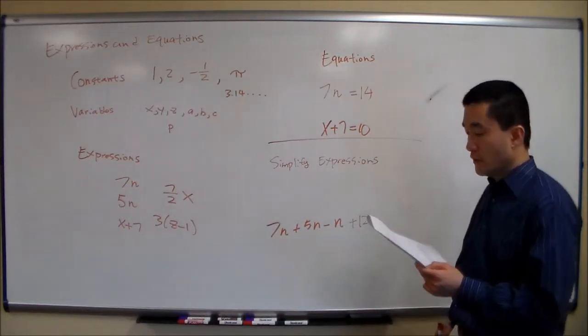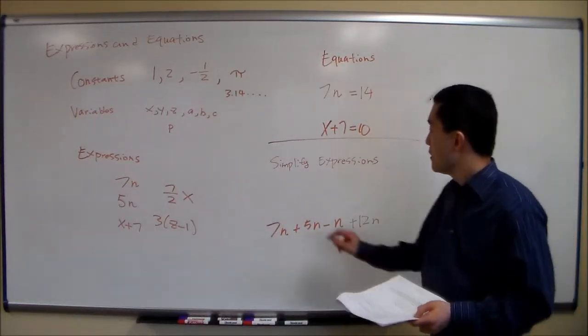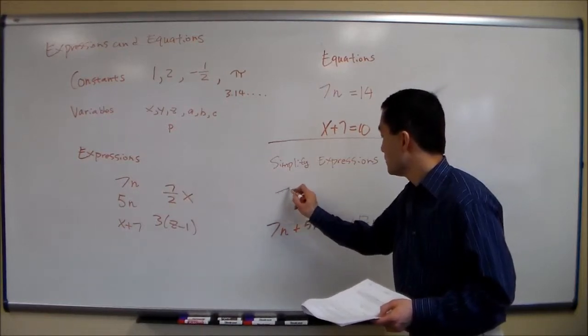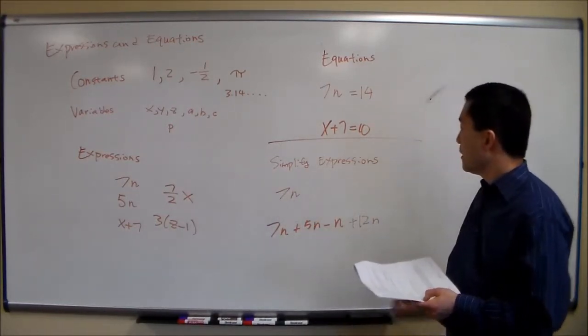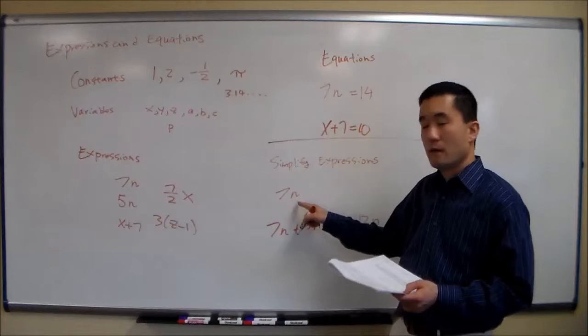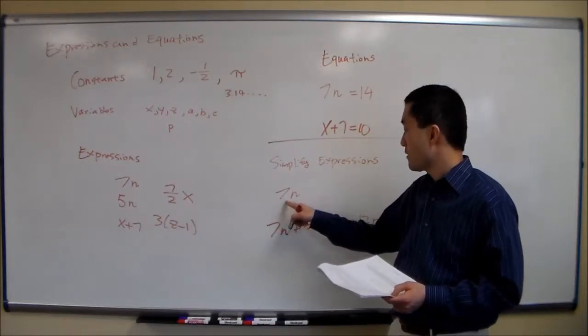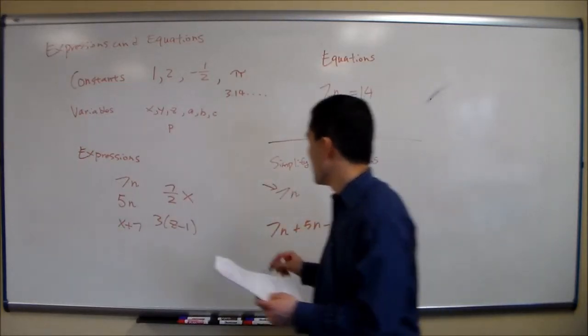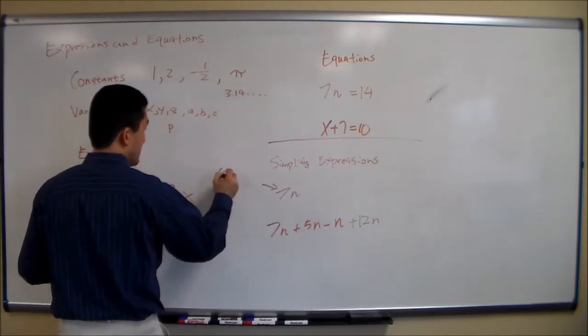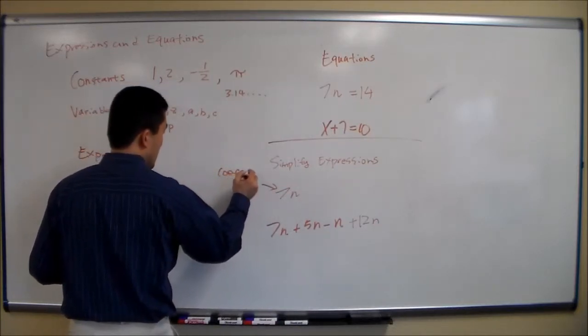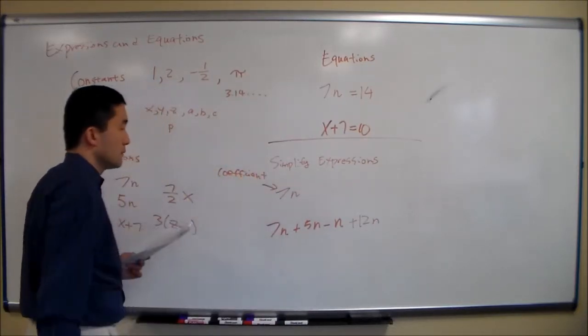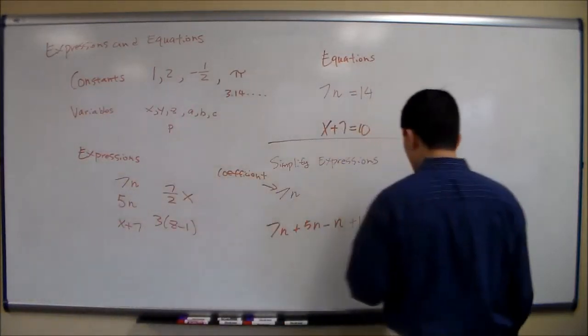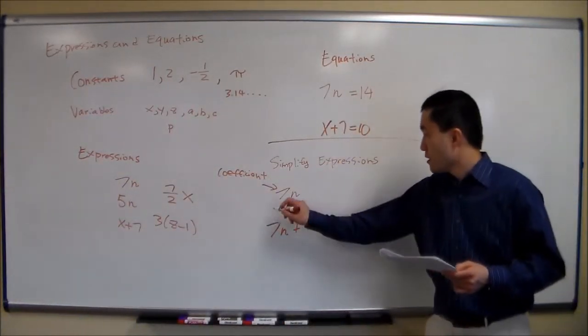Well, you have to know a few more words. Say 7n. The number in front of the variable, in this case the 7, this is called a coefficient. Right? This is called a term.